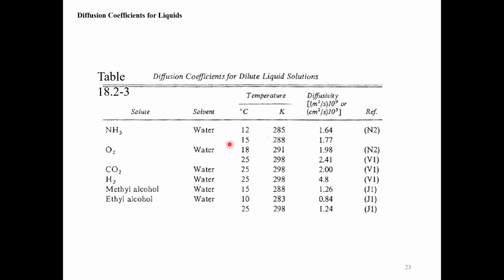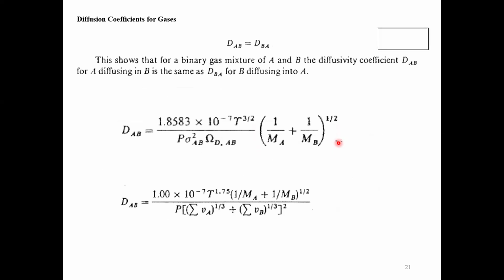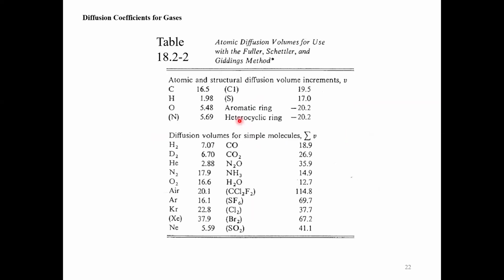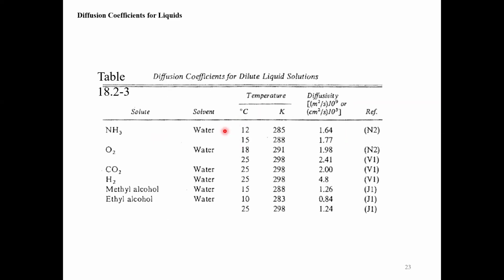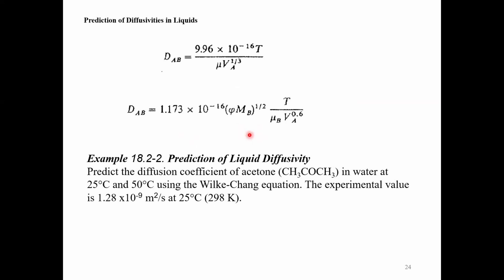And with these diffusivity values, you can also see that as temperature increases, diffusivity increases. What we saw for gas is that diffusivity is directly proportional to temperature, but to be more specific, diffusivity is directly proportional to temperature to the power 3 by 2. And likewise for liquids as well, diffusivity is directly proportional to temperature, and that can be recognized from this form over here.